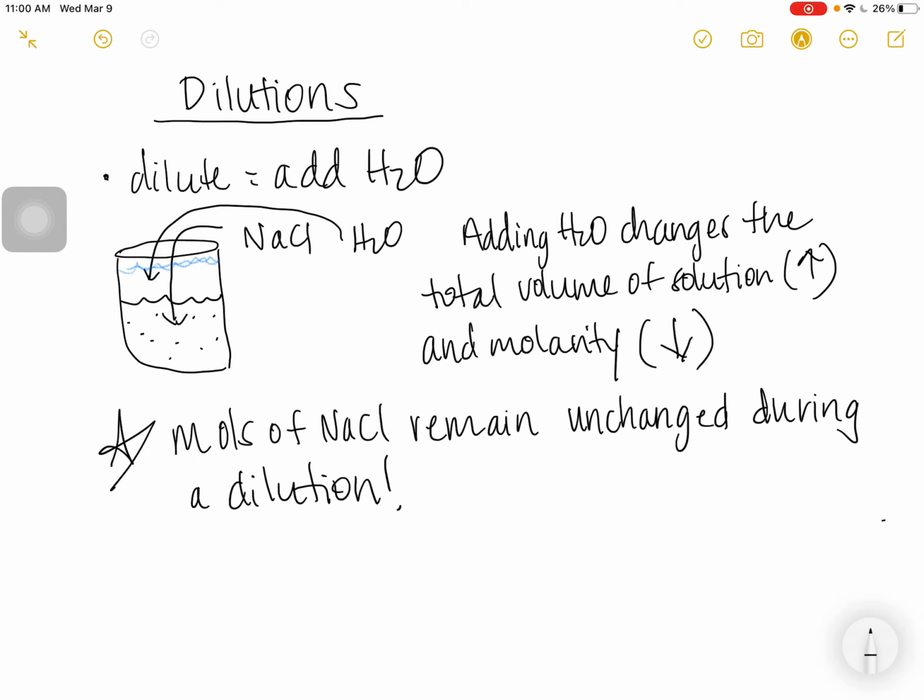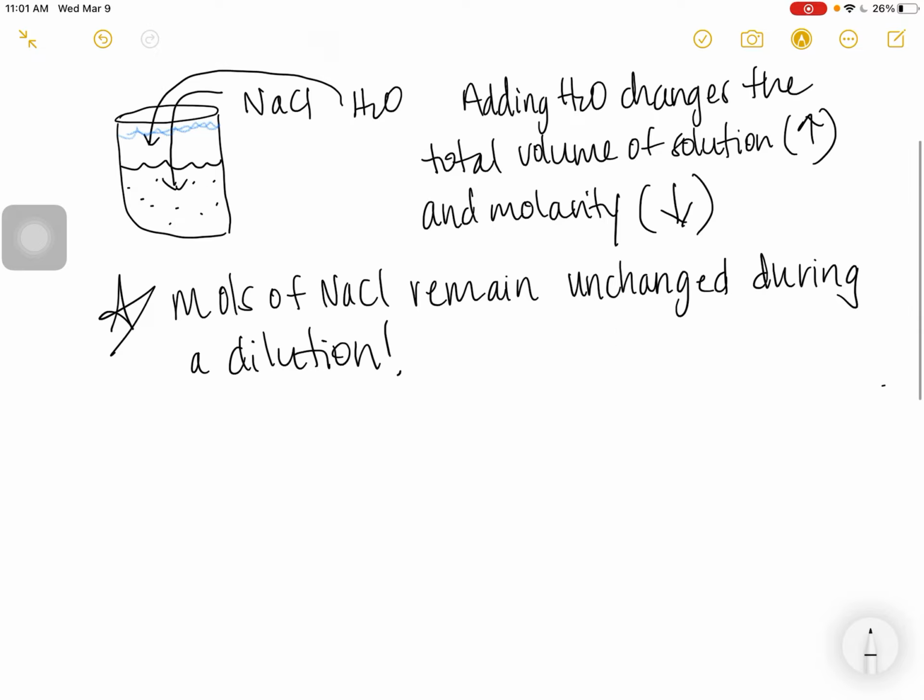Okay, and that's an important point, and it's that point that then allows us to derive a formula that we can use to perform dilution calculations. So kind of think about it. If you have that beaker of water and you have NaCl in there and you add more water, well, you're not doing anything to the NaCl. However many moles were in there to start with are still in there after the dilution.